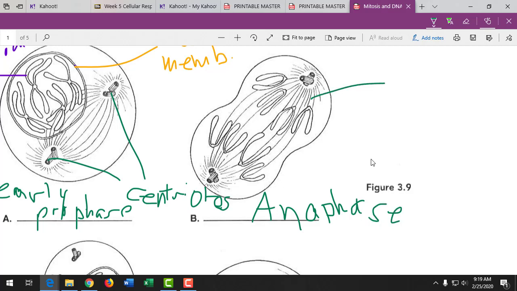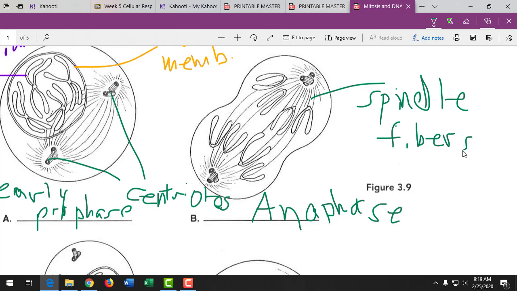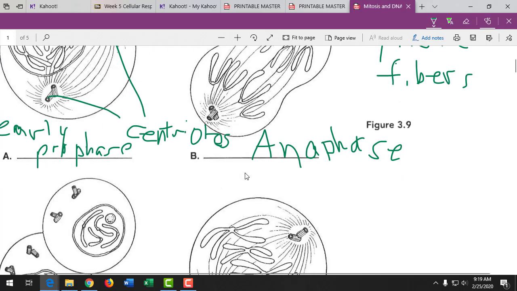And again, these little lines here are called spindle fibers. They attach to the centromere of my sister chromatids. The centrioles secreted those spindle fibers and they pulled them apart.